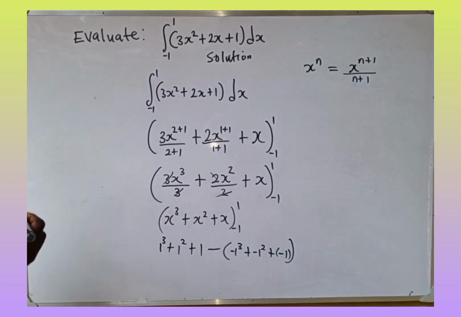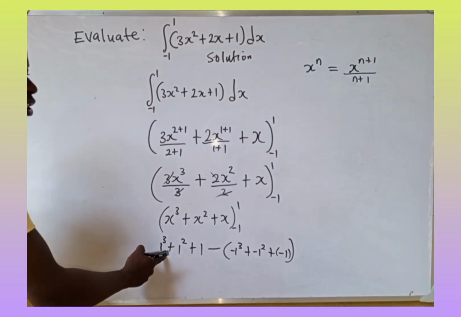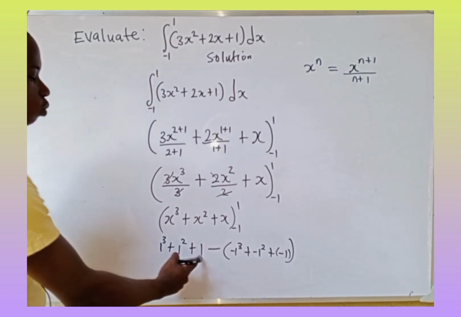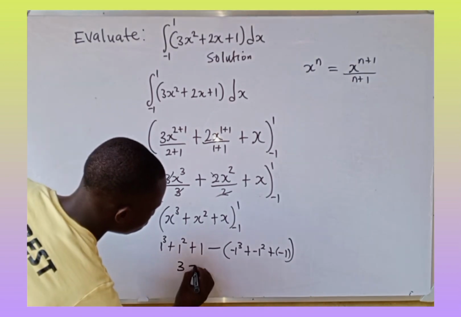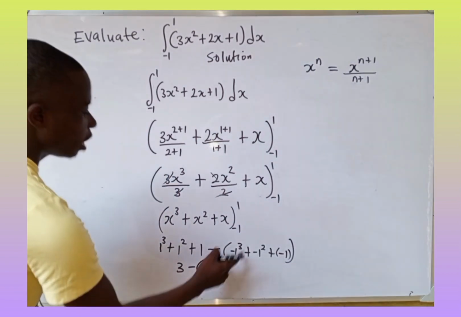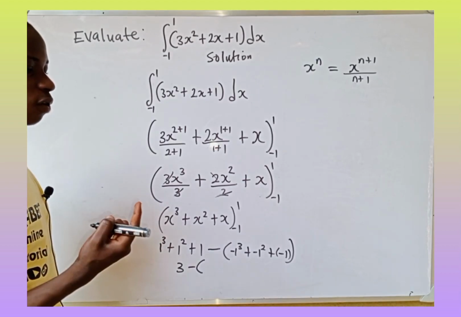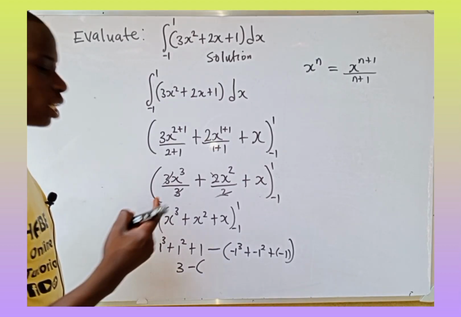So now we're going to simplify the expression. 1 cubed is the same as 1, 1 squared is the same as 1, then 1 plus 1 is 2, then 2 plus 1 is going to give us 3. Then minus, open bracket, -1 raised to the power of 3. Remember, -1 raised to the power of an odd number gives us -1.